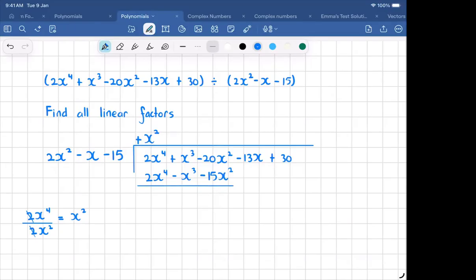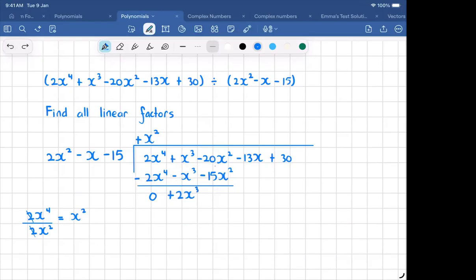What am I going to do next? Take away, right? So, Serena, come in there. 2x to the power 4 minus 2x to the power 4 is what? 0. What is x cubed minus x cubed? Positive 2x cubed. If anybody is confused, a negative by a negative is a plus, so you really end up with x cubed plus x cubed. That's how we got 2x cubed, because you're adding two x cubes together.